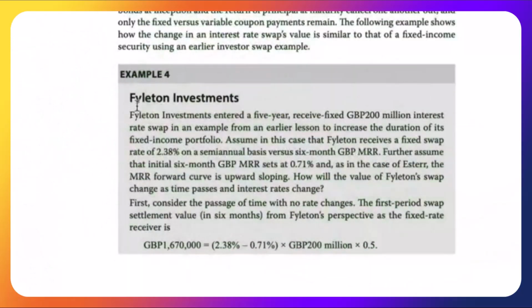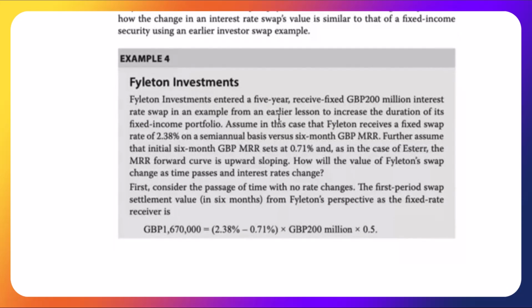Okay, Peloton. I think it's a play on Peloton. Peloton Investments entered into a 5-year received fixed 200 million pound interest rate swap in an example from an earlier lesson to increase the duration of its fixed income portfolio.